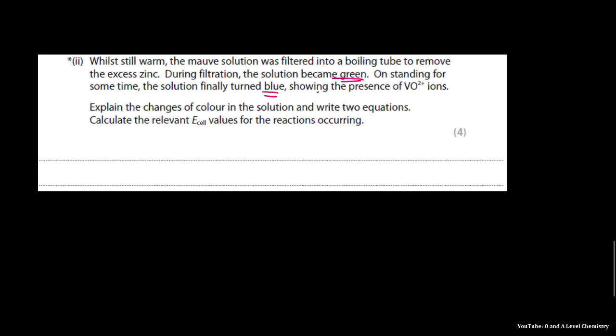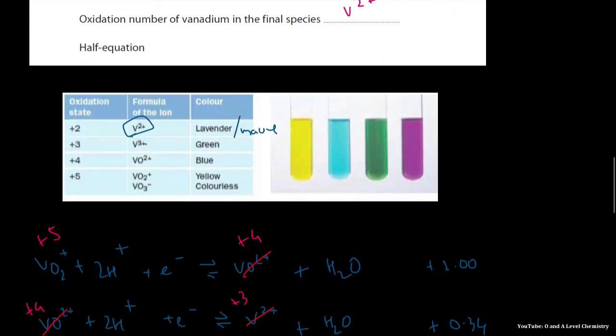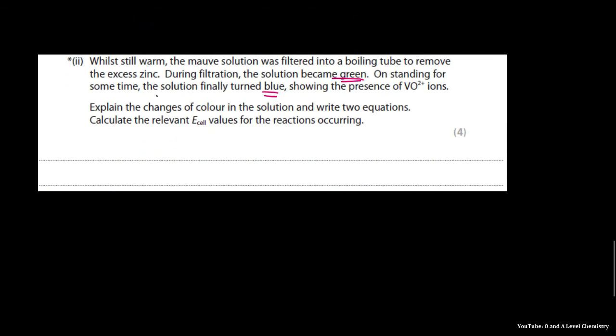Let's check: green is 3+, blue is 4+. So basically the 2+ vanadium is getting oxidized back to the +4 state. By what though? It's getting oxidized by the oxygen in the air.